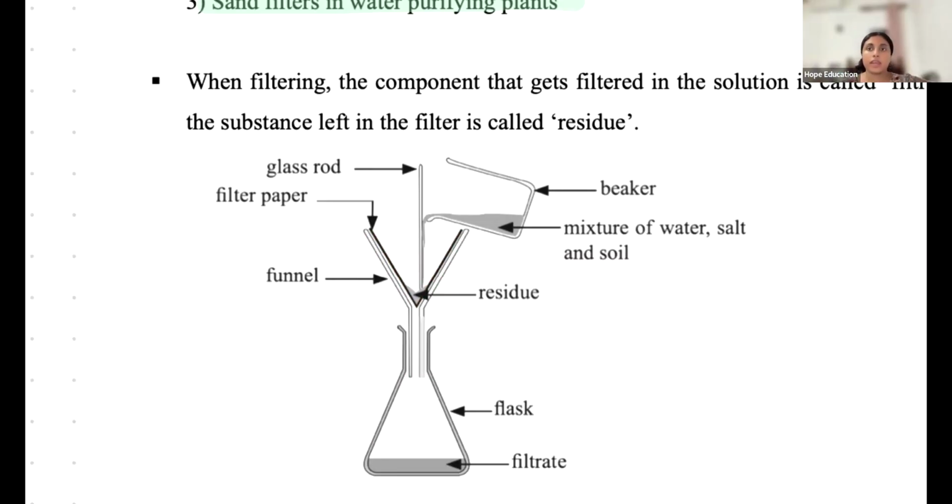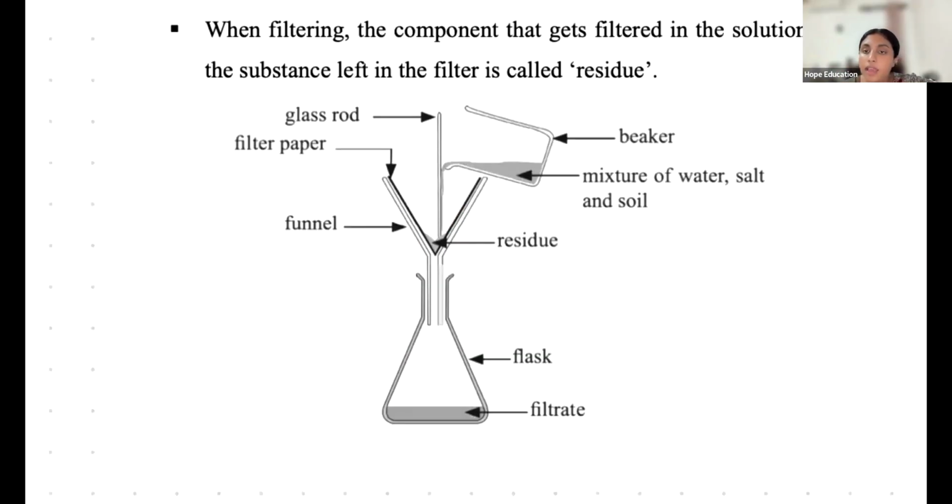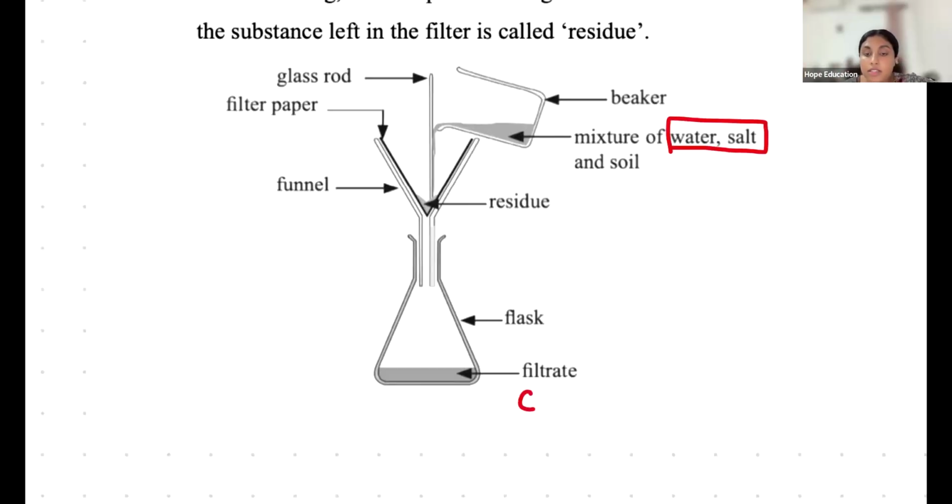Then what we do is we are going to pour this mixture. When we pour it, what happens? Now water and salt are homogeneous, so the salt water is well mixed. So when filtering, both water and salt get filtered and fall into the flask.